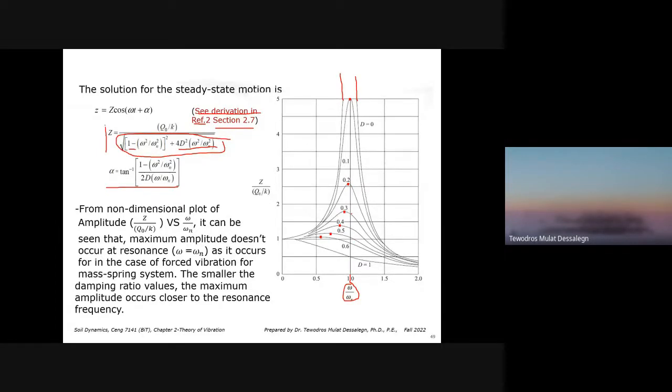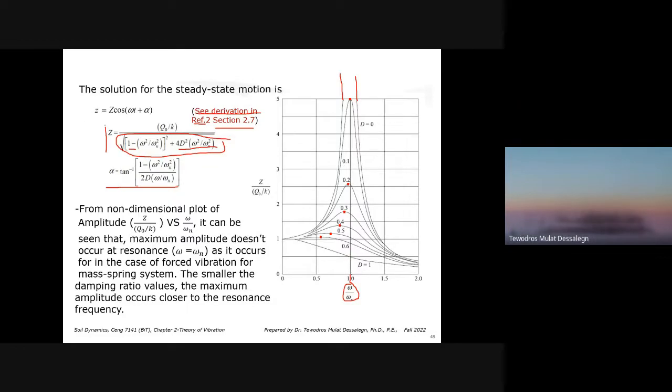So if you plot that, there is some observation you can make. The maximum value of the amplitude: if damping is not equal to 0, you'll see the peaks slightly to the left of the frequency value of 1. If there is damping, the peak values are not happening at omega equals omega n. That's one takeaway.